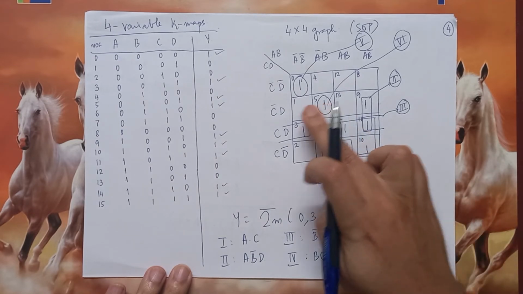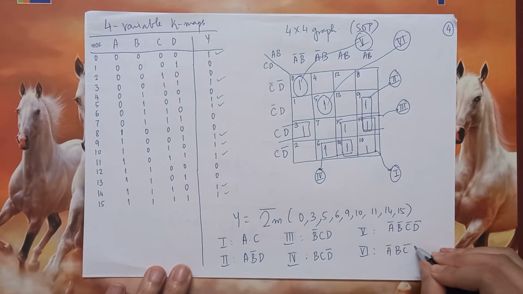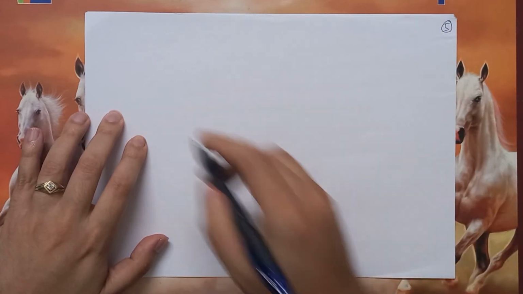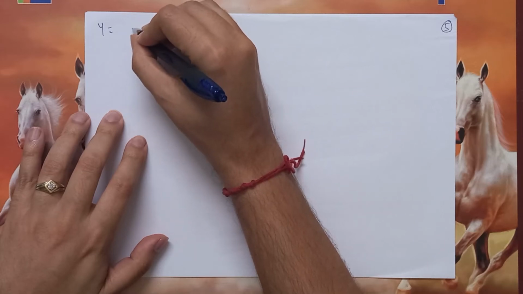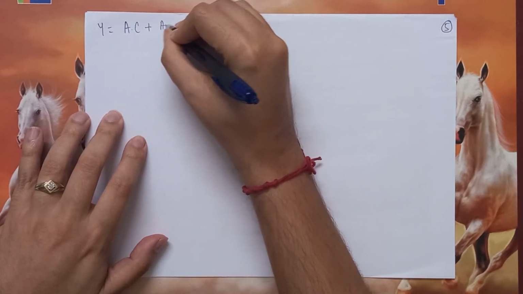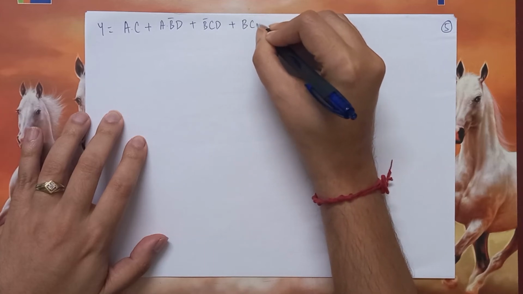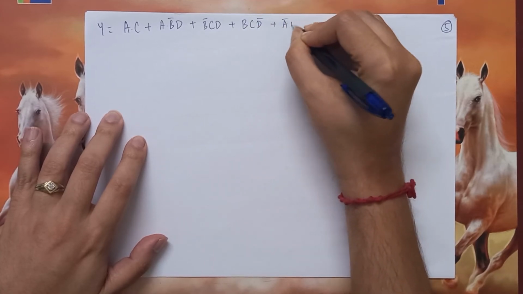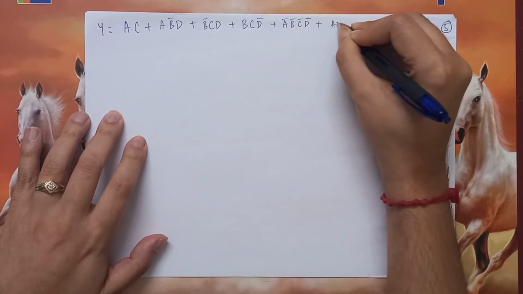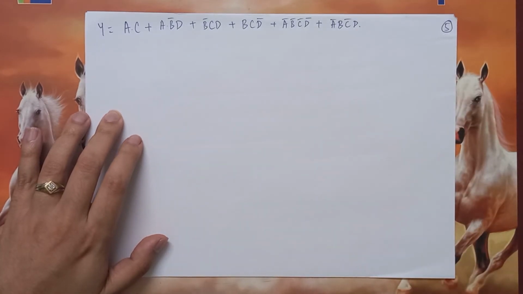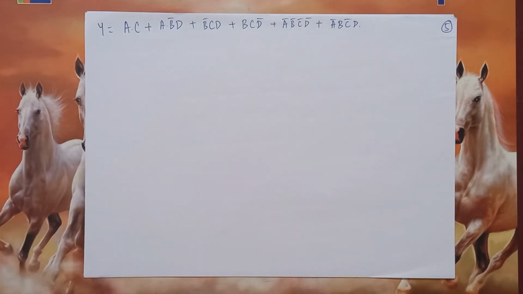And 6 is A bar, B, C bar, D. So therefore, Y will be a plus of all of these terms, which gives us Y equal to A dot C plus A B bar D plus B bar C D plus B C D bar plus A bar B bar C bar D bar plus A bar B C bar D. That's it. That's how it is.